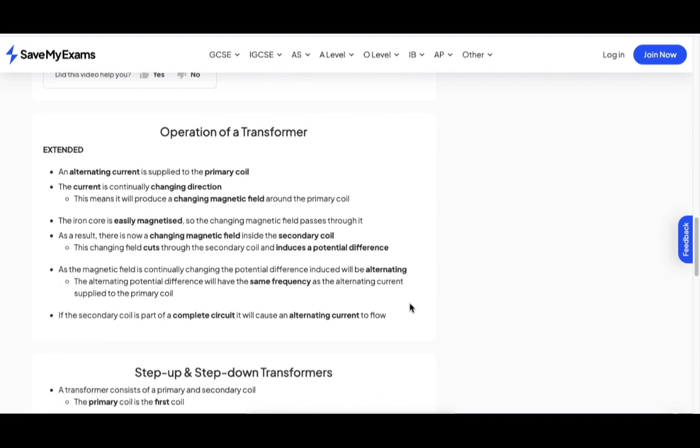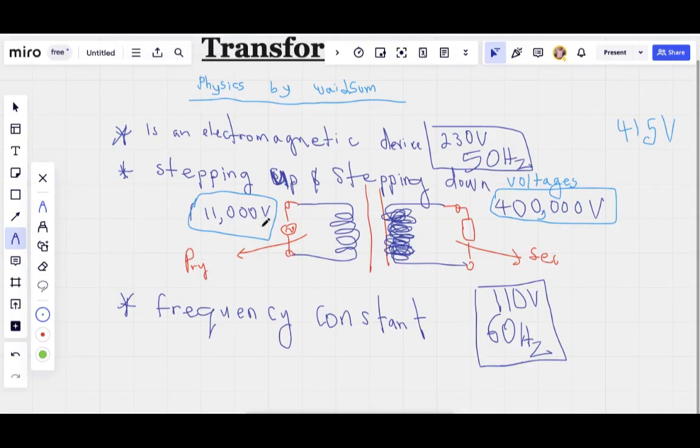We already said that an alternating current is what we supply to the primary side. Why do we have to supply an alternating current to the primary side? So that we can continuously produce a changing magnetic field, an alternating magnetic field.